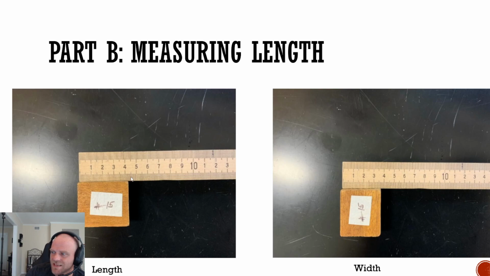I'm saying it lands directly on this line. It obviously doesn't, but I'll call it 4.50. That adds the estimated digit, the zero at the end of my measured value. And so then I'll have more significant figures in the end when I calculate the volume. Okay, measure the width, and then all three of those together, length times width times height, will give you the volume of the box. Okay, so that's all you do for part B.